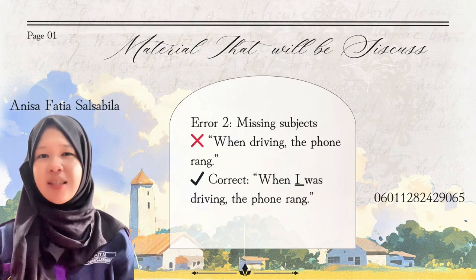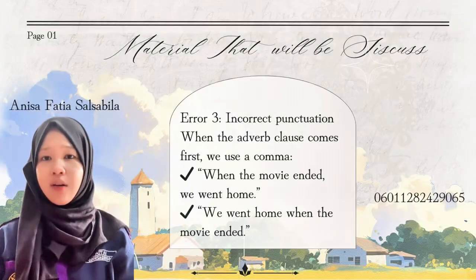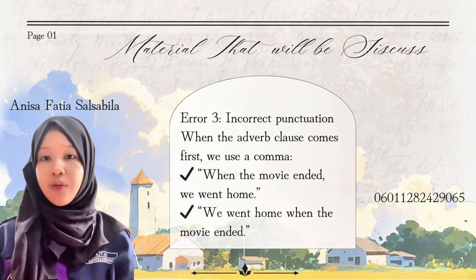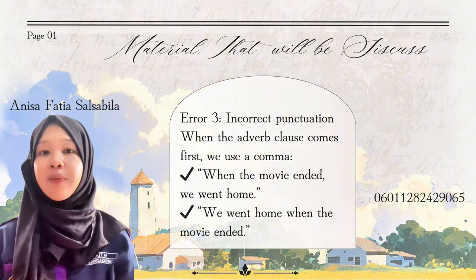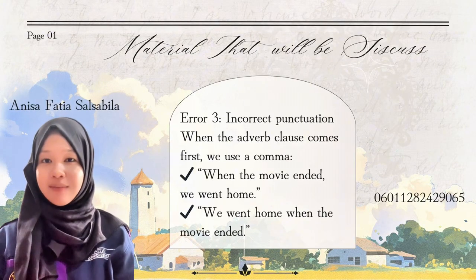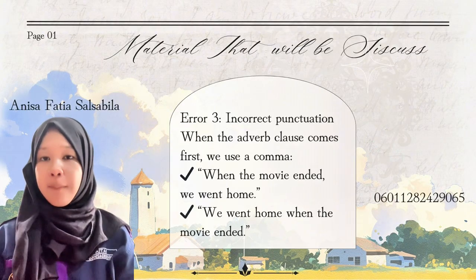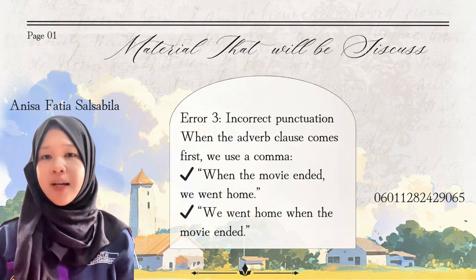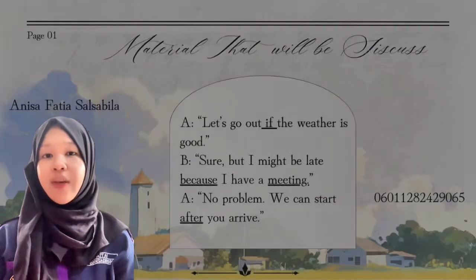This sounds like the phone was driving, so this is incorrect. The correct one is when I was driving, the phone rang. The third error is incorrect punctuation. When the adverb clause comes first, we use a comma. For example, when the movie ended, we went home. But if the clause comes later, no comma is needed. For example, we went home when the movie ended.